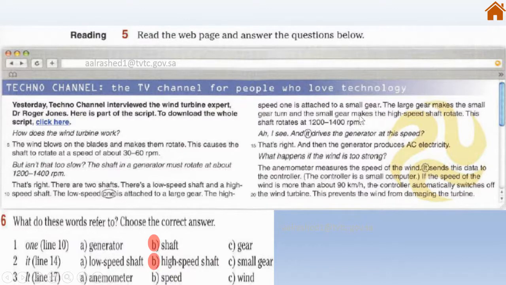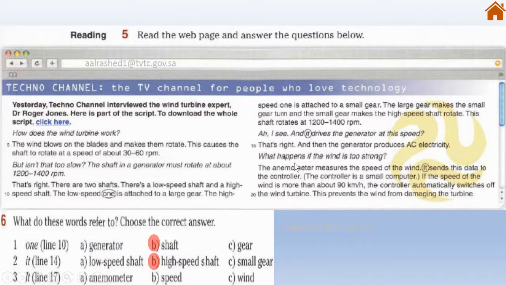To be clear, see, the high-speed shaft rotates. This shaft rotates at 1,400. Then I see "and it," so I'm talking about the high-speed shaft. So it's responsible for driving the generator at this speed.